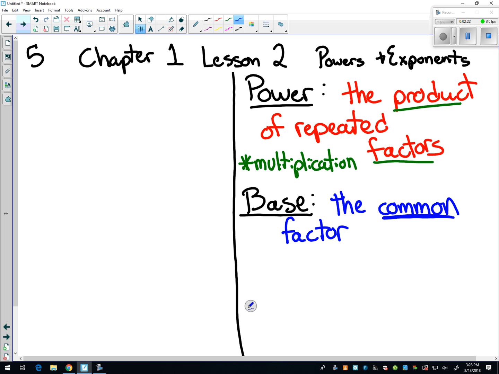And next, we will have what we call an exponent.